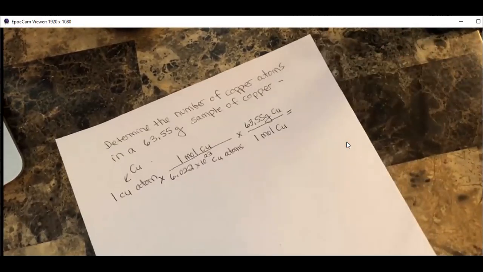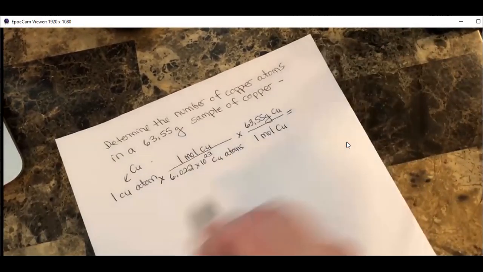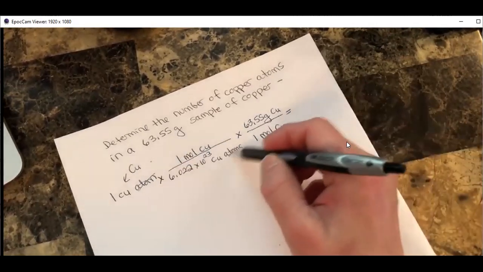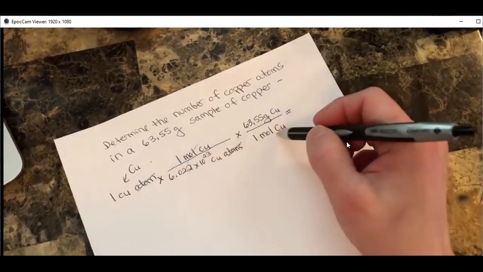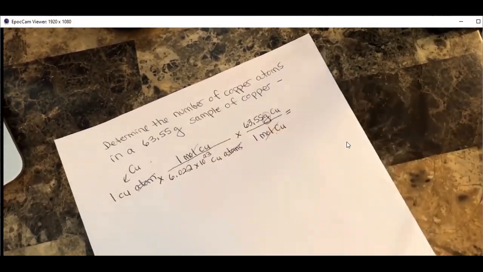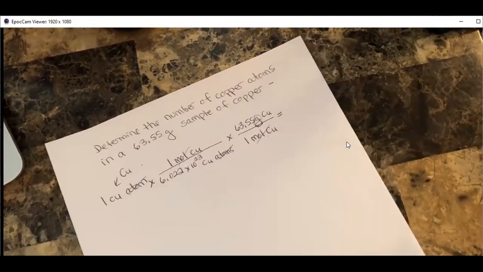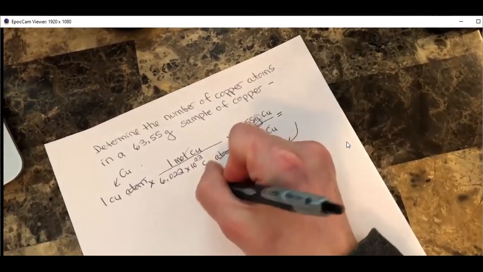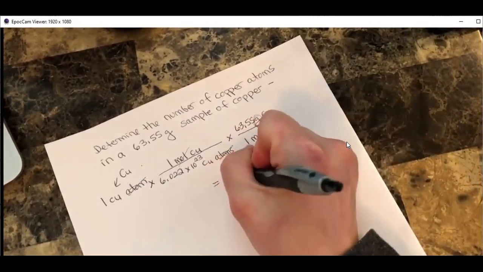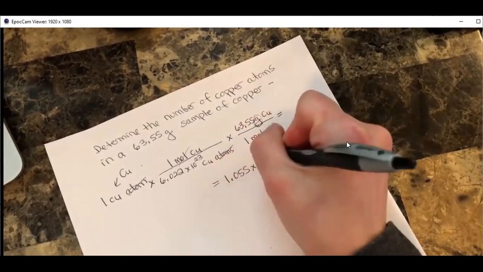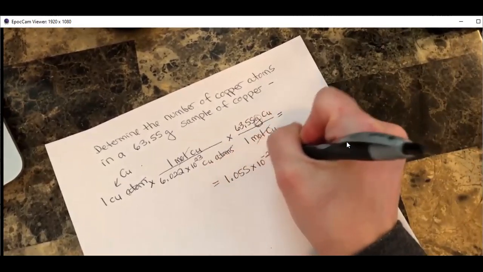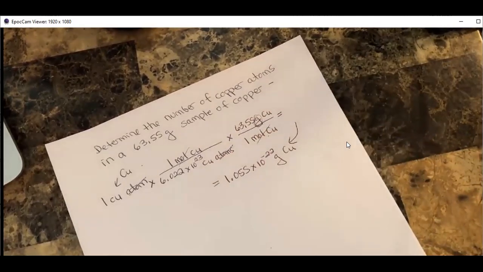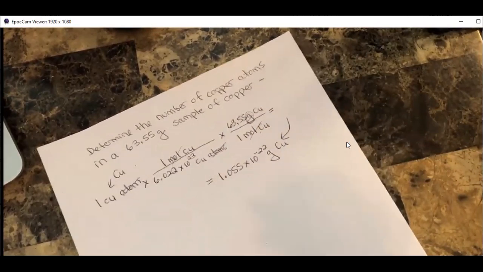So if we multiply this across, let's get rid of our diagonal units. So atoms are going to go away, moles are going to go away. We are left with grams. And when we multiply that across, I'm going to write it down here because I ran out of room again. We're going to end up with 1.055 times 10 to the negative 22 grams of copper, okay? That is the closest average mass of one atom of copper.